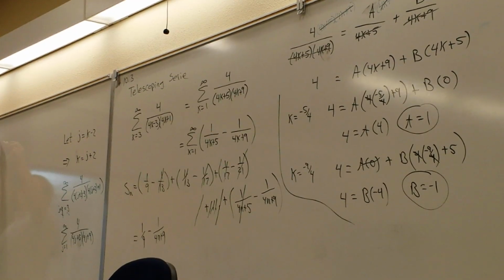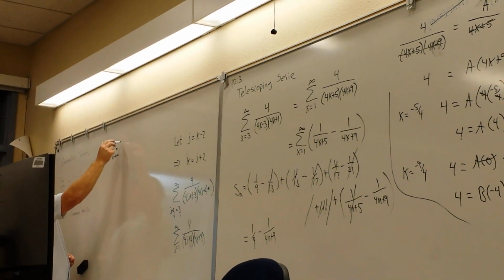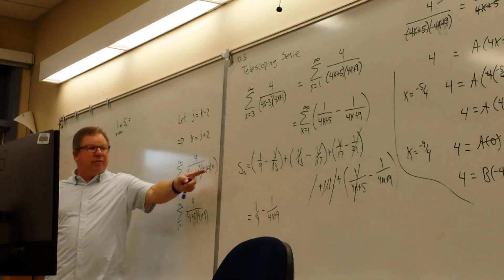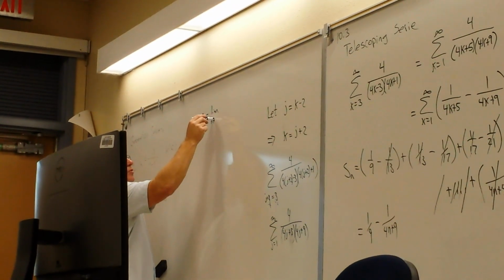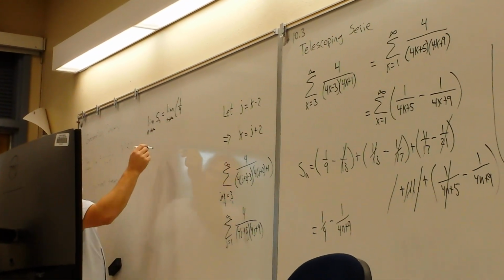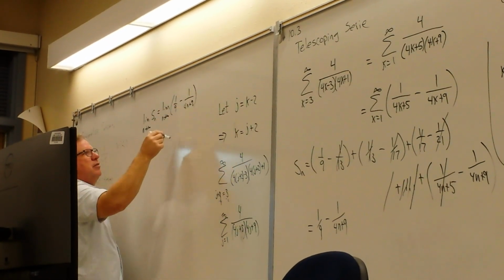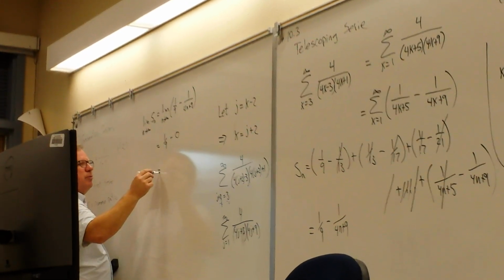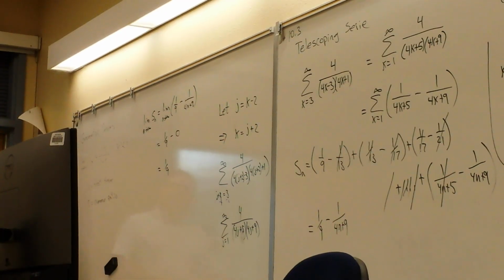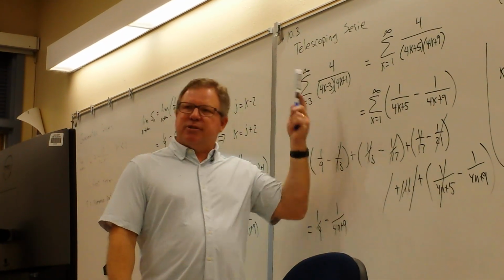So now, the limit as n goes to infinity of s of n equals the limit as n goes to infinity of 1/9 minus 1 over 4n plus 9, which is going to be 1/9 minus 0, which is 1/9. So the sum of all infinitely many terms is 1/9.